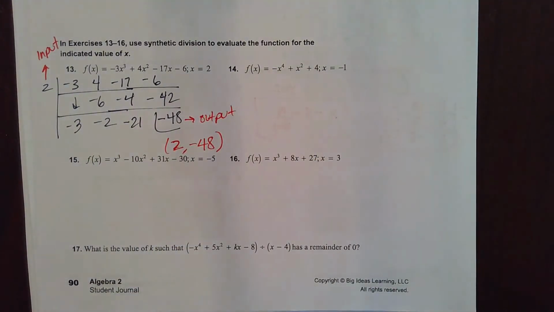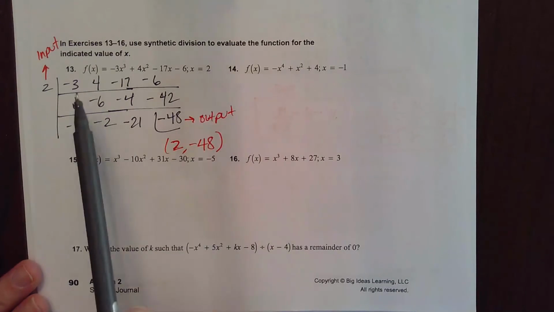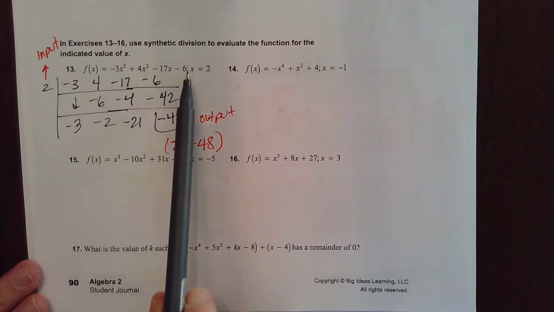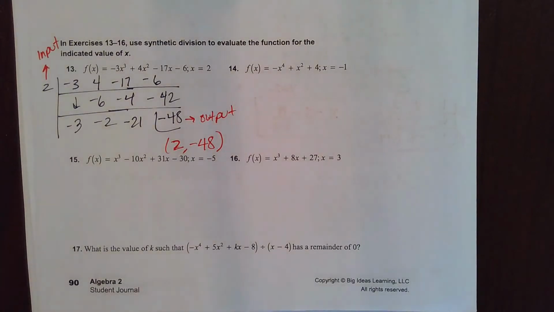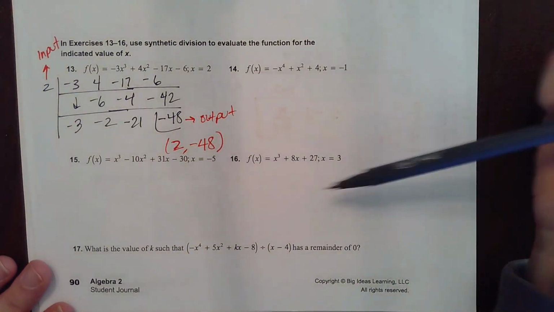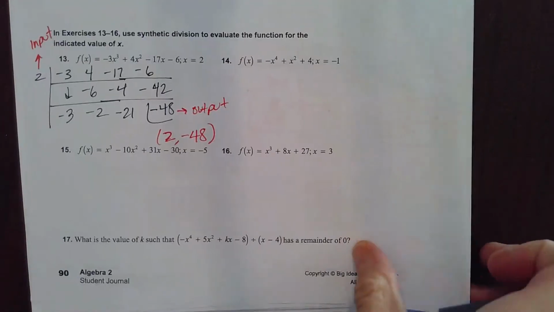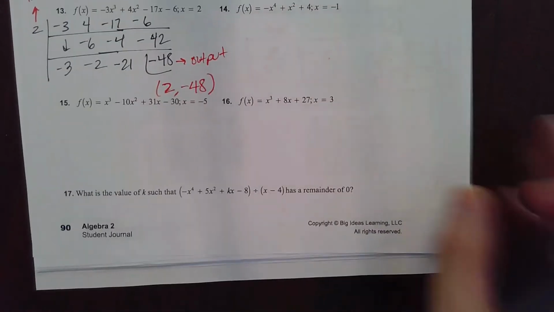This is just an alternate way to evaluate a function for a given point. You could do this for any value that falls on this graph. Your input is x and your remainder is your output. I just wanted to go over one of these, and 14, 15, and 16 are done the same way. Let me show you number 17.